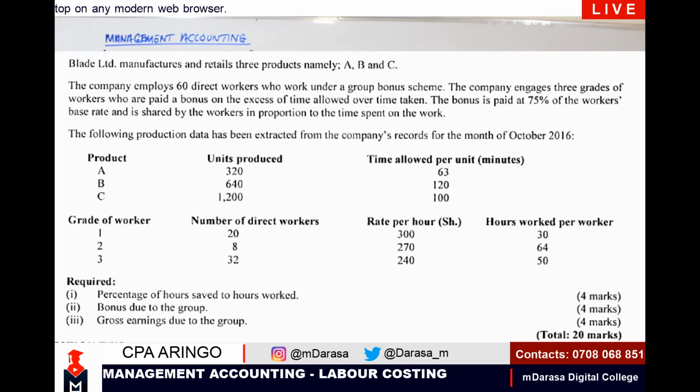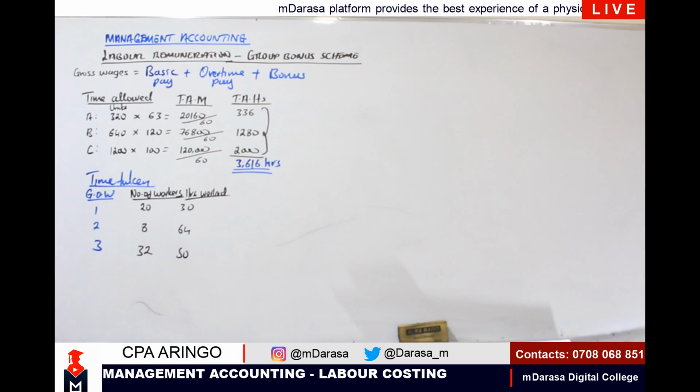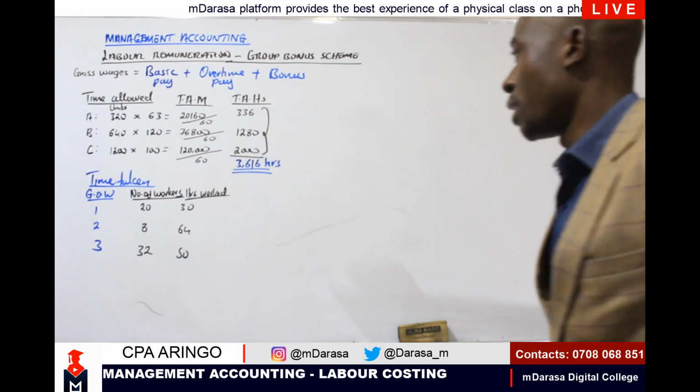And grade 3, I'm given 50. These are hours worked by each worker.